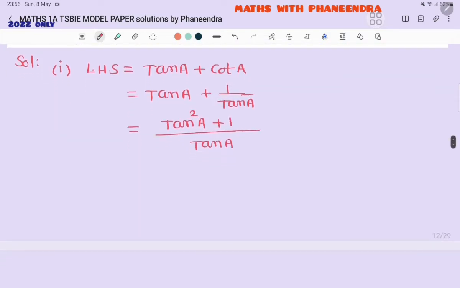So we can write the numerator as 1 plus tan square A, and writing it as a denominator of a denominator, 1 by tan A by 1 plus tan square A.